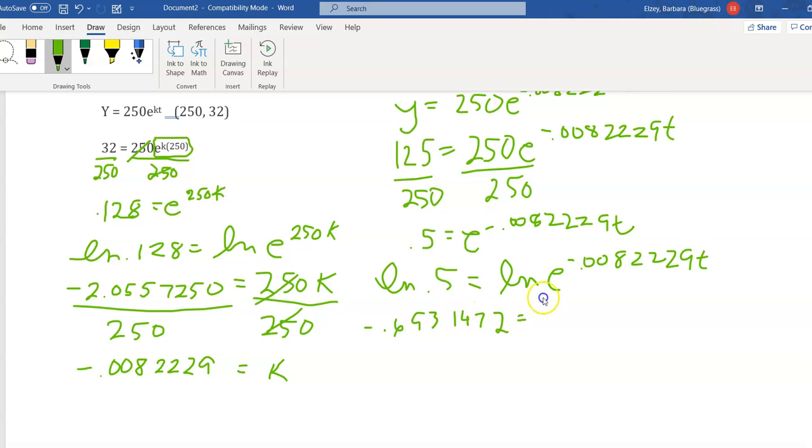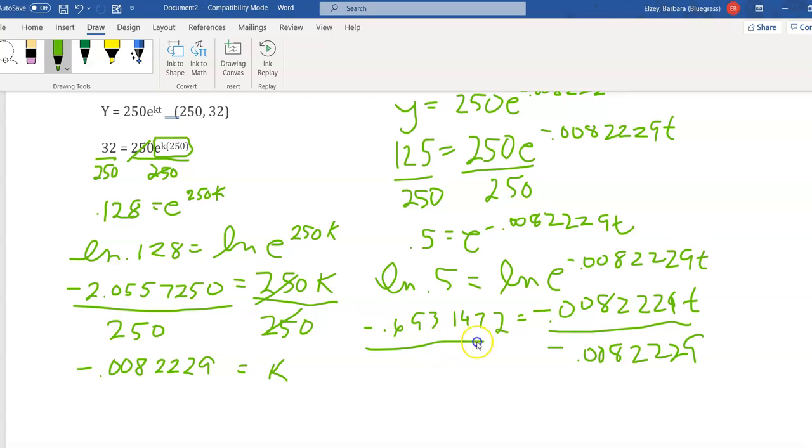On the right, natural log and e will cancel, and I'll just get this. So let's continue solving it for t. Let's just divide out the number that's in front of our t, and we will have our answer to how long this thing takes to decay to half of its original size.